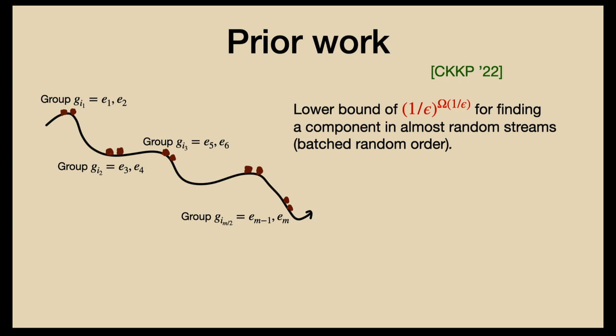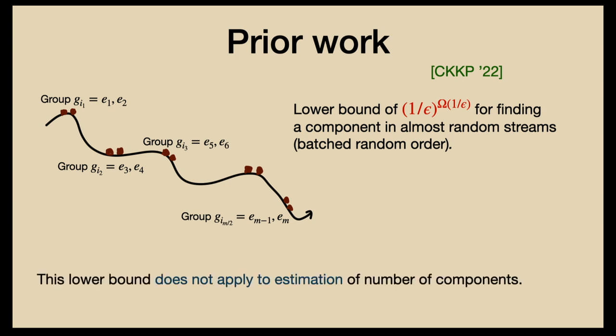Right. So it's not for estimation, it's not for a truly random order stream, it's only for finding a component in this batched random order stream. That's what they call it. And yes, it's not applied to estimation. Okay. So it still suggests that it may be possible that this actual dependence on epsilon, exponential dependence, may be inherent here and you can't avoid it. Right. So this is what we're addressing.